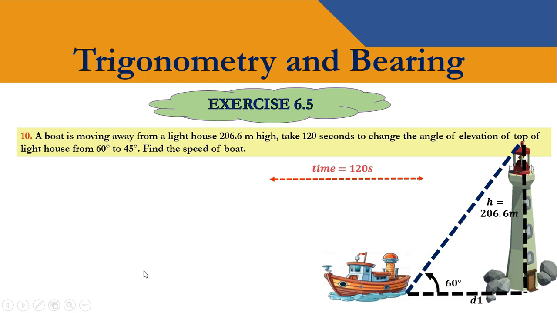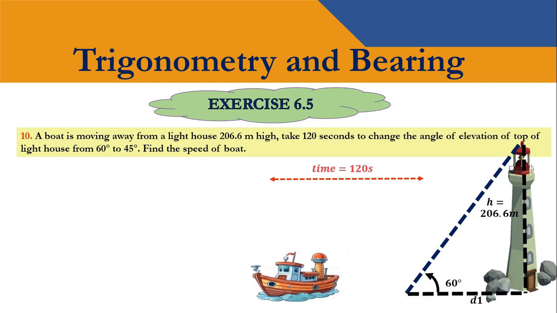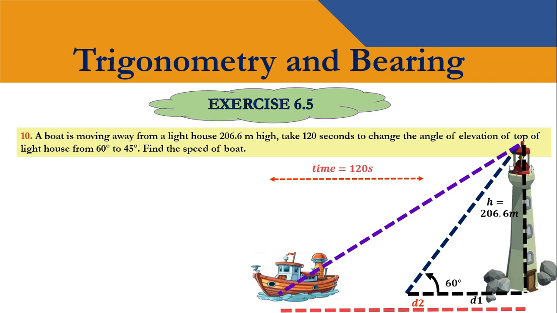Then in 120 seconds the boat moves to a new location. At that new location the distance between the boat and the lighthouse is d2, and its angle of elevation with the top of the lighthouse is 45 degrees.